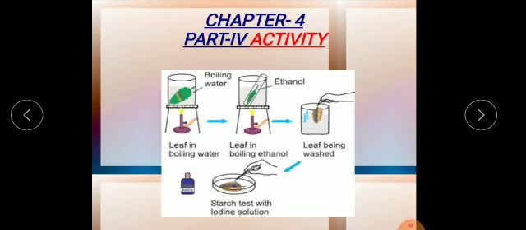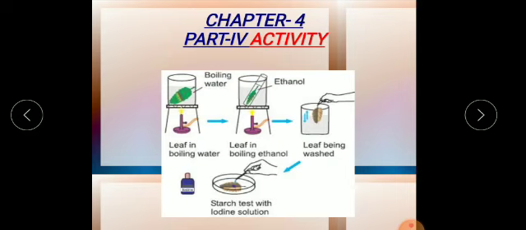The second step is boiling the leaf in ethanol, which is an alcohol. In the first picture, we directly put the leaf into the beaker, but here we are using a test tube.